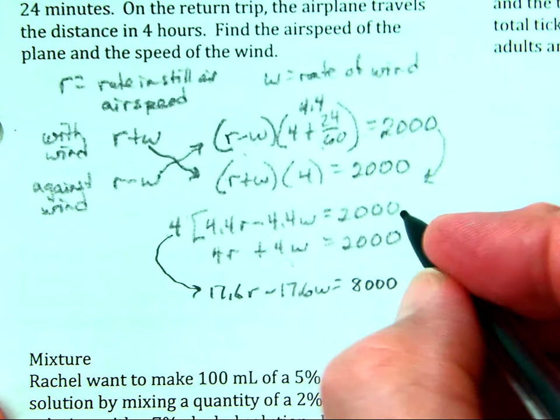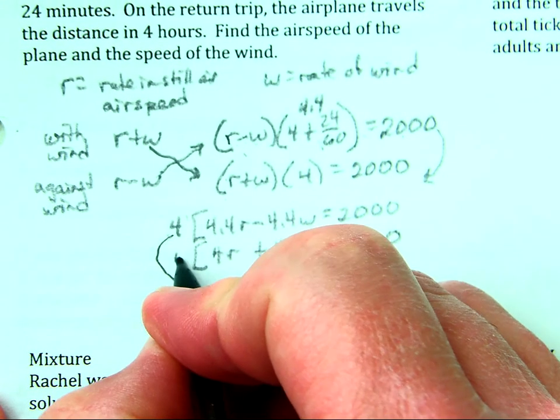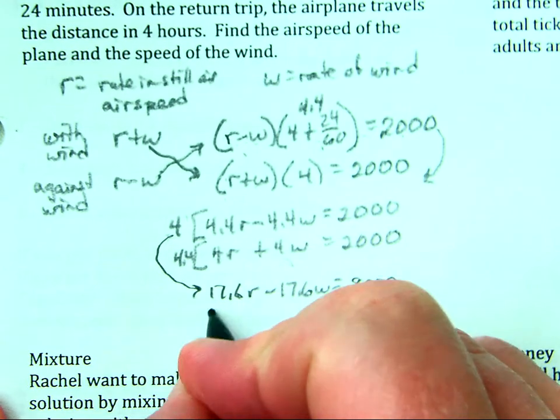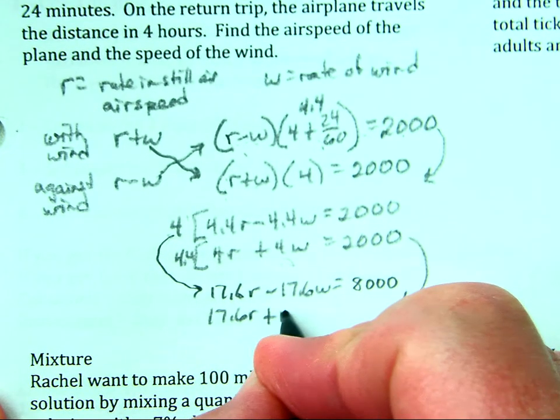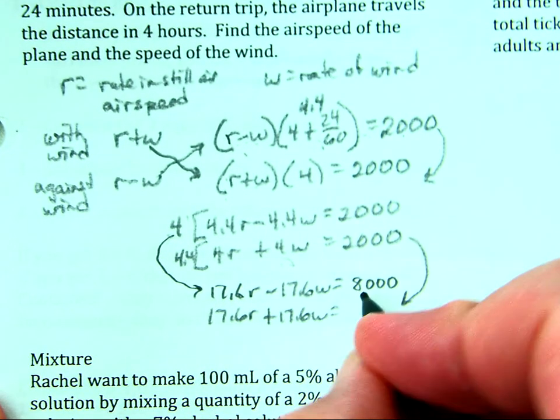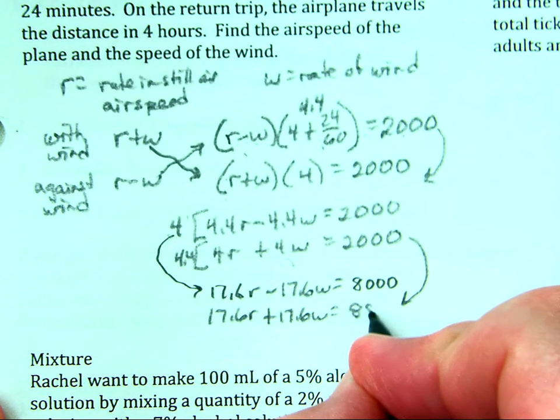Now let's take the second equation times 4.4. That'd be 17.6R plus 17.6W equals 8,800.